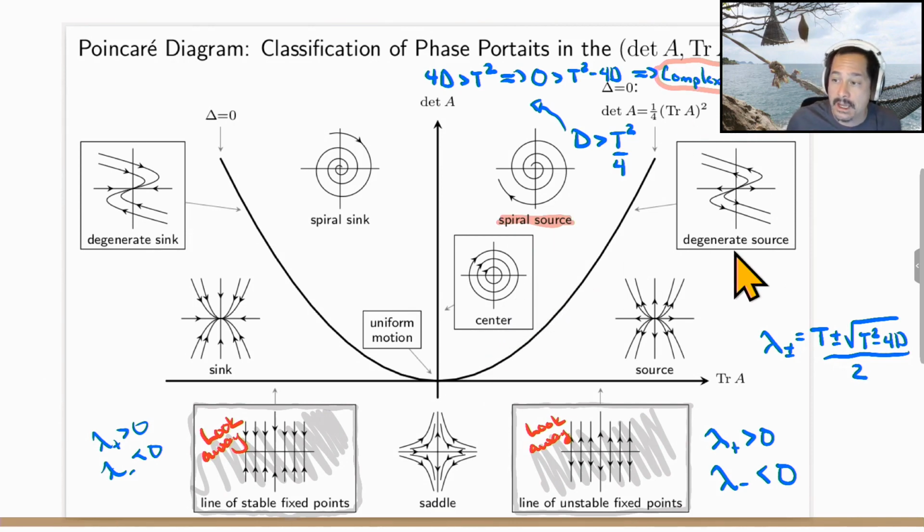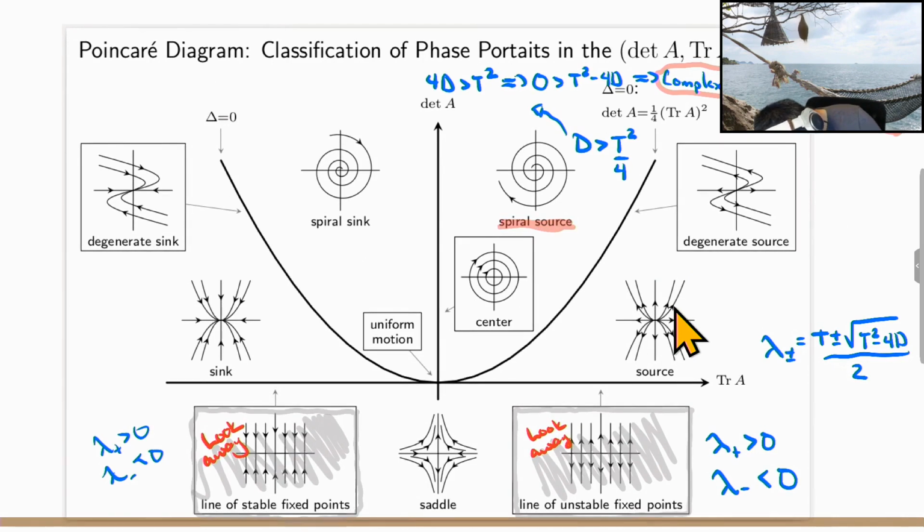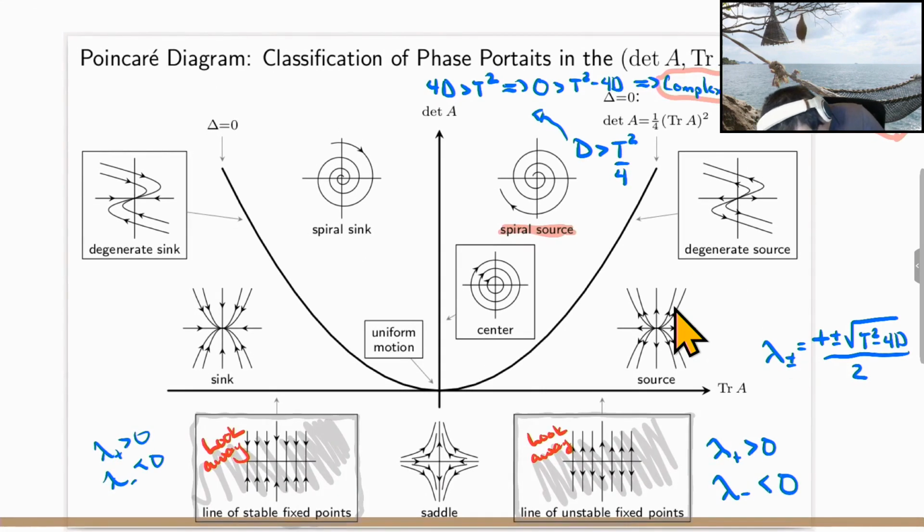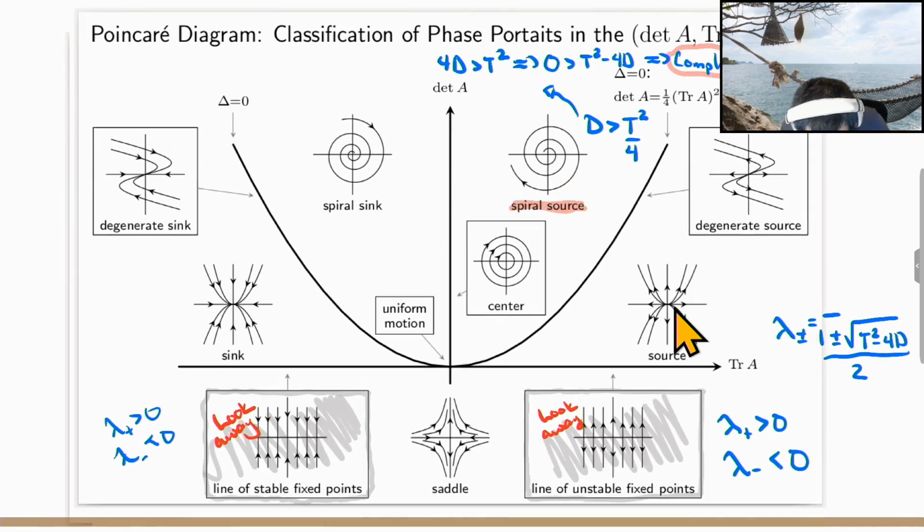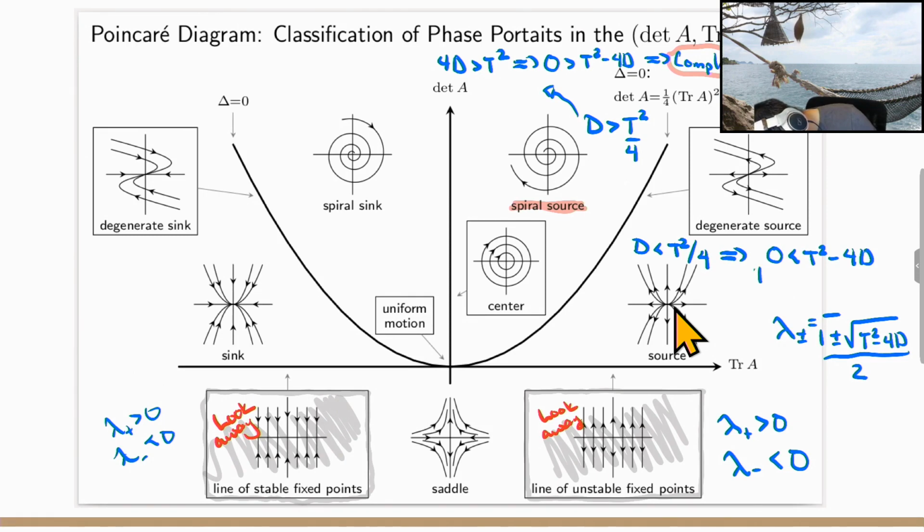Okay. And then if I go down here, you find out that d must be less than t squared over 4. And so that means that 0 must be less than t squared minus 4d, so we get real roots.